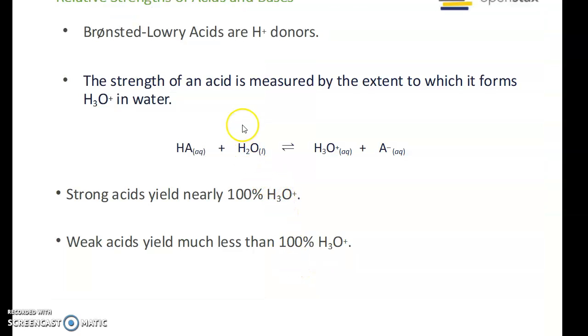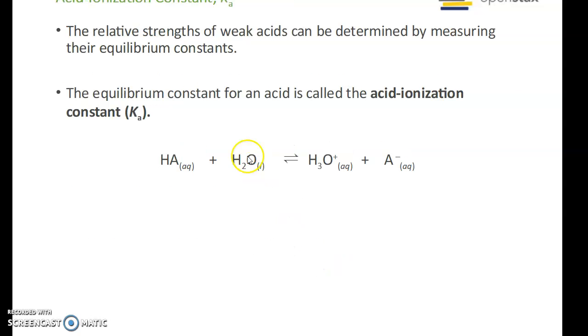So the Bronsted-Lowry acids are hydrogen ion donors, as we mentioned. Strong acids are 100% hydronium ion. Weak acids are much less than that. The relative strength of weak acids can be determined by measuring their equilibrium constant. So you have this sort of an equation right here with an equilibrium constant Ka. This is the acid ionization constant.